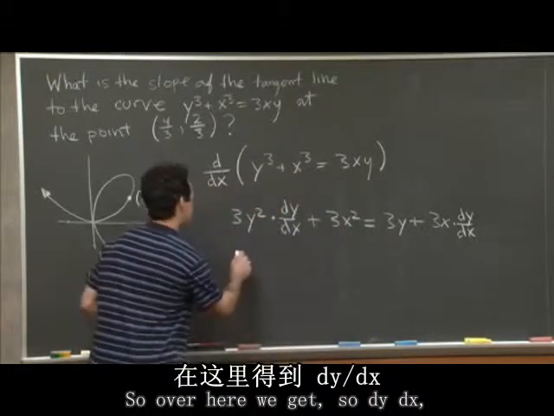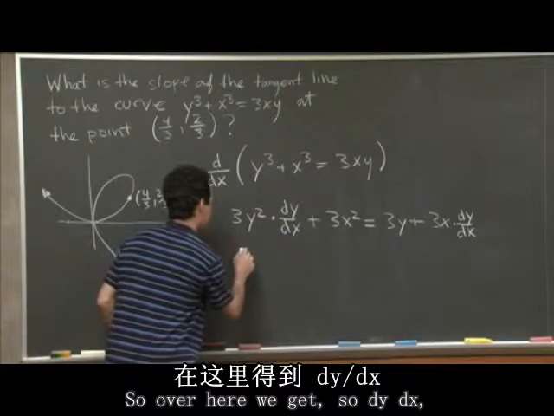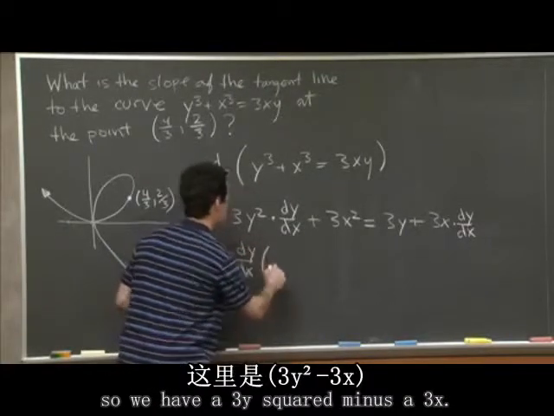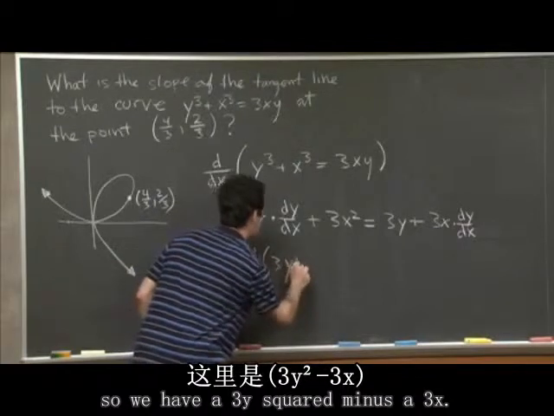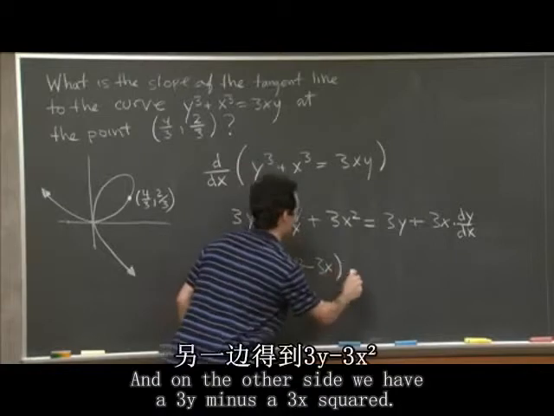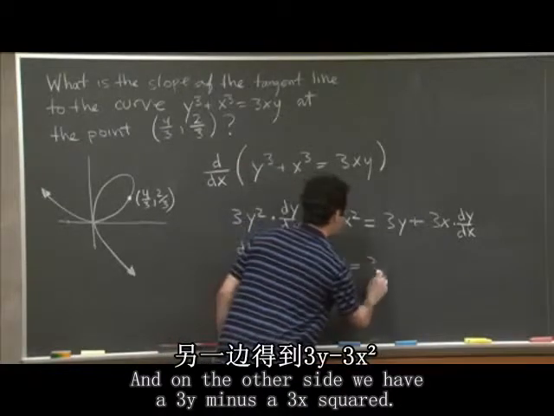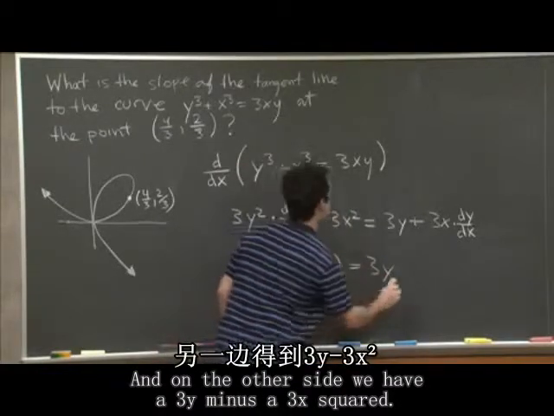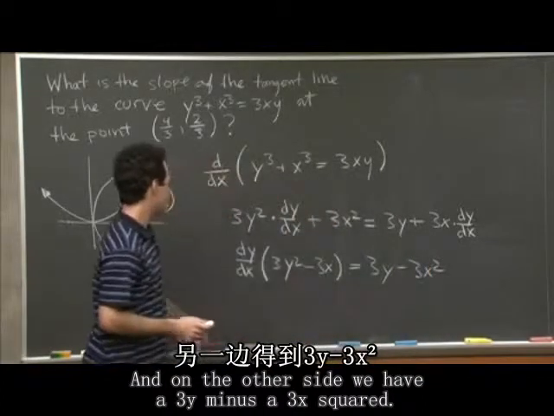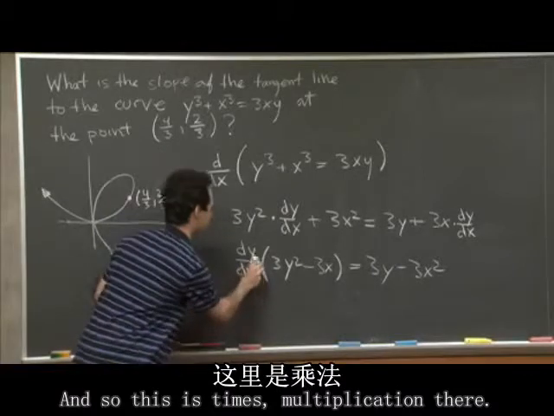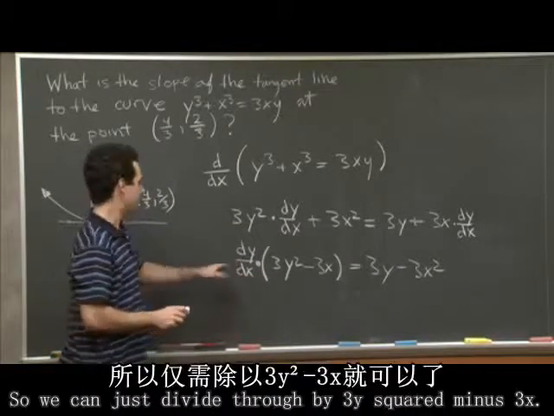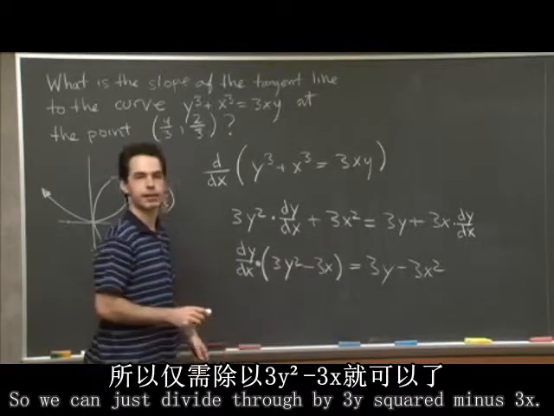So over here we get dy/dx times 3y squared minus 3x, and on the other side we have 3y minus 3x squared. We want dy/dx just by itself, so we can just divide through by 3y squared minus 3x.